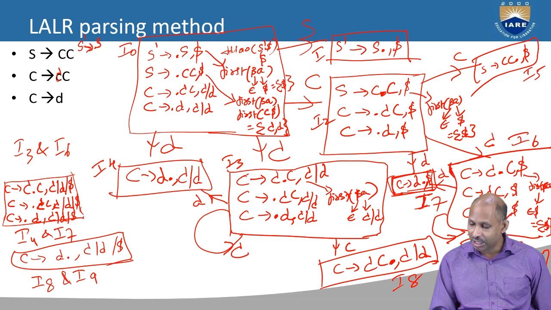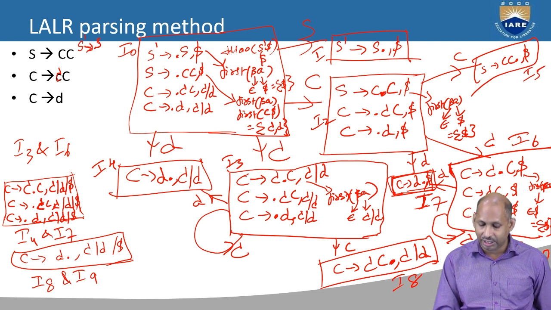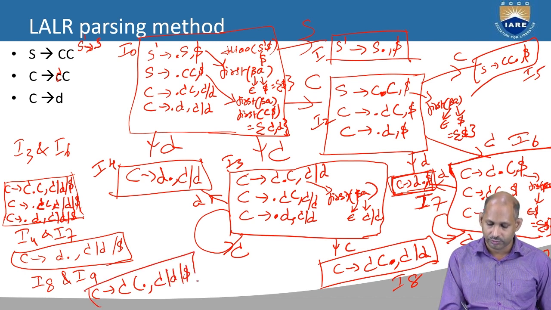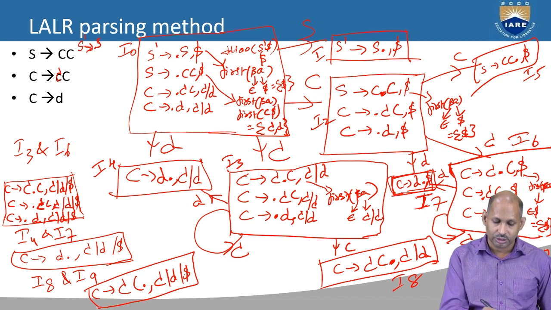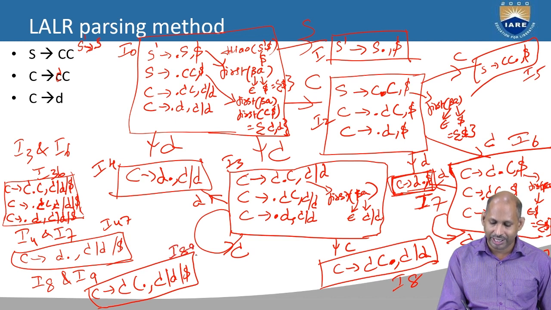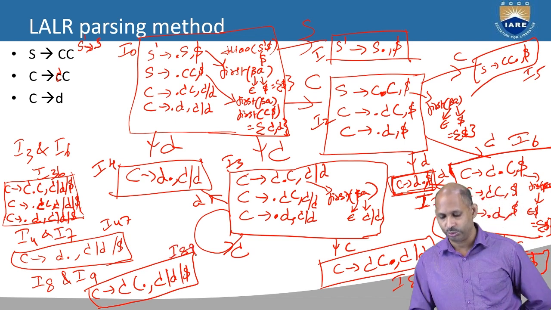So we can combine I8 and I9 as C gives small c capital C dot, and all the three symbols. So I3 6, I4 7, I8 9 are the new groups.